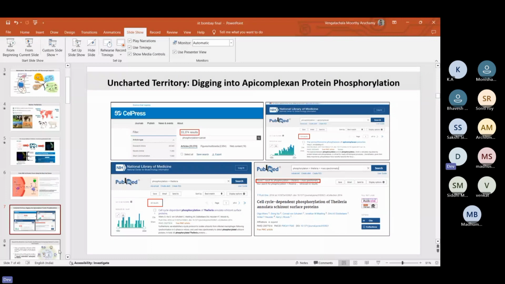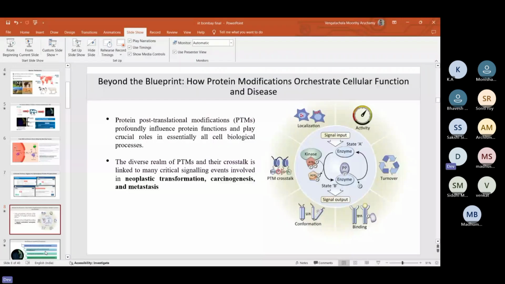So in my study, we went for post-translational modification, particularly phosphorylation, to identify phosphorylation events at the global scale upon infection. Protein post-translational modifications have a very profound impact on all essential cellular and biological processes, and the diverse PTMs and crosstalk are important for neoplastic transformation, carcinogenesis, as well as metastasis.